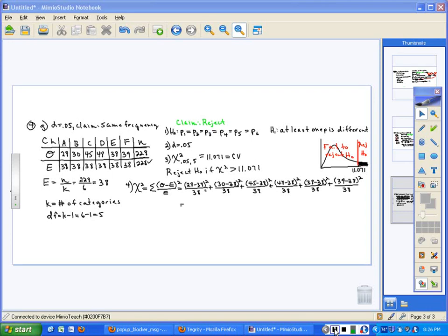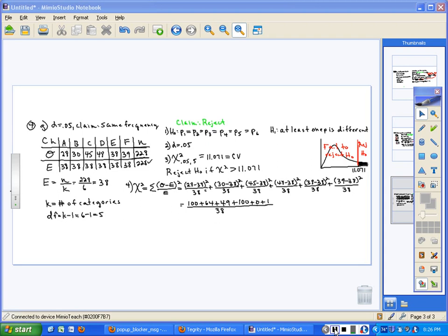Okay, I like this problem because we have a common denominator of 38. You don't really need your calculator. We can do some of this in our head. 28 minus 38 is a negative 10, squared gives you 100. 30 minus 38 is a negative 8, squared gives you 64. 45 minus 38 is 7, squared gives you 49. 48 minus 38 is 10, squared is 100. 38 minus 38 is 0.